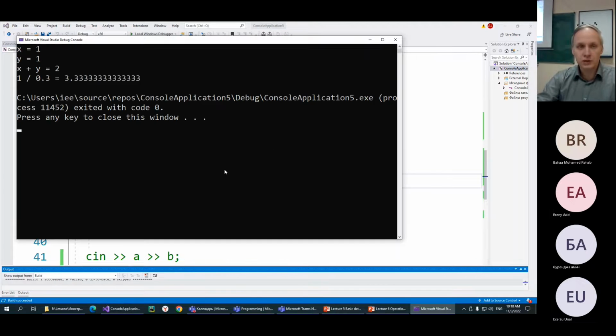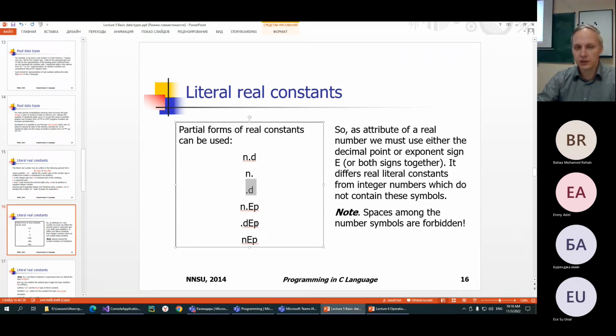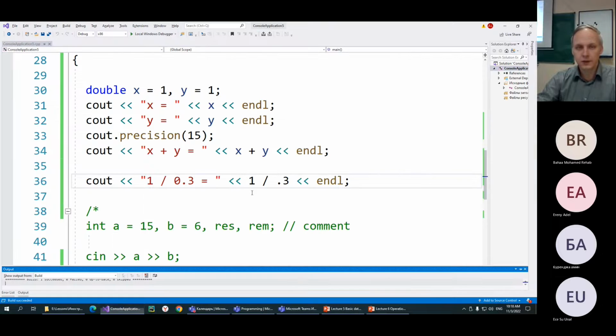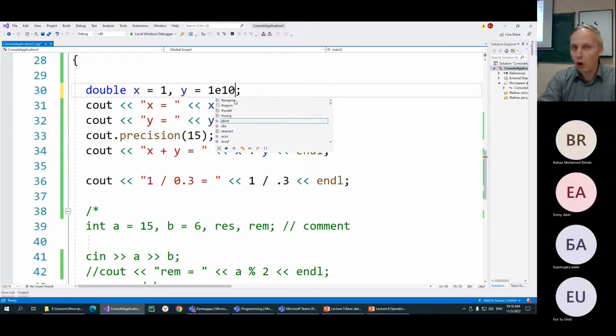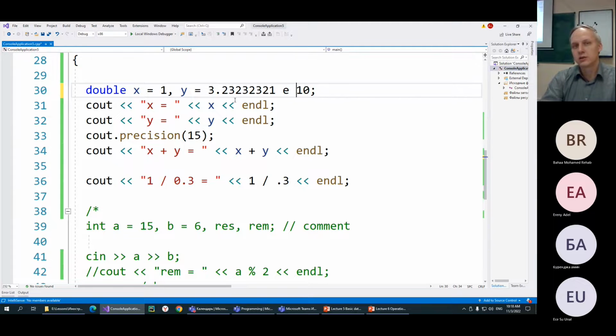Well, and also you can use any notation with the exponential part. For example, I write it here 1e10 or 3 point and fractional part. Then symbol E, pay attention that there should be no spaces in this notation.